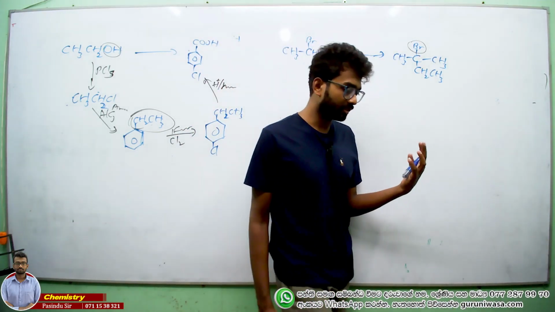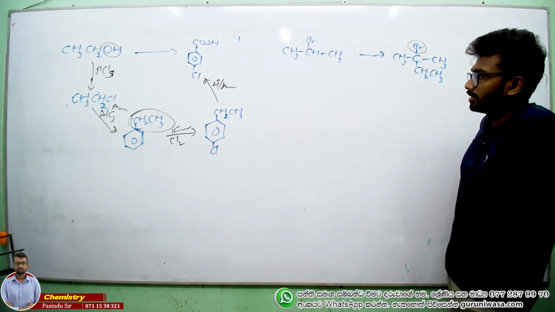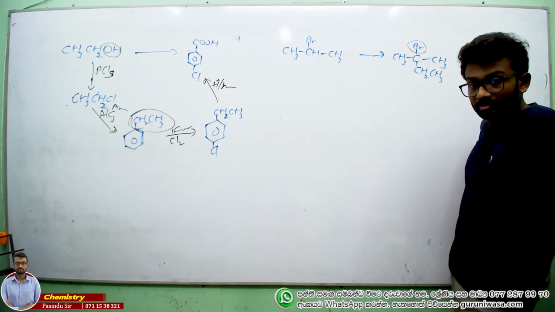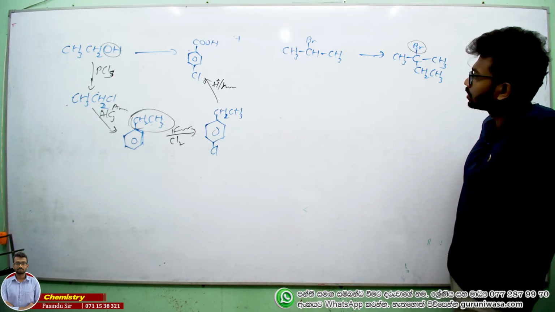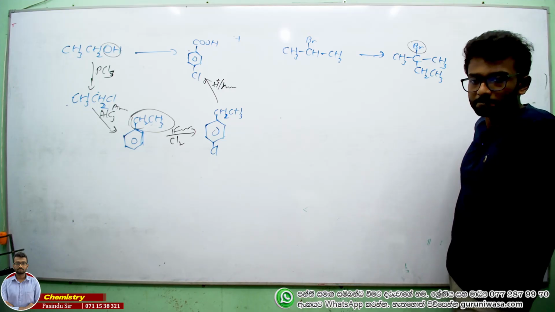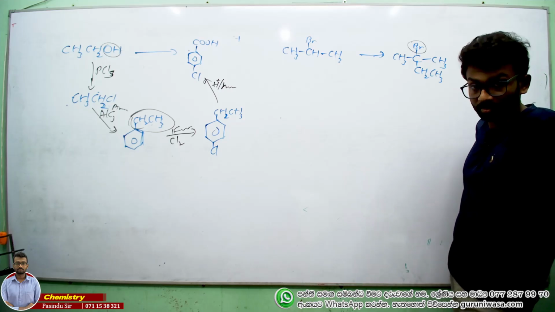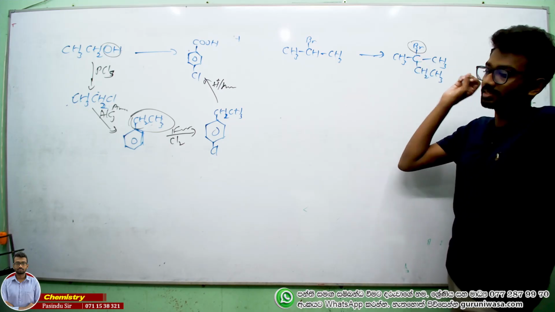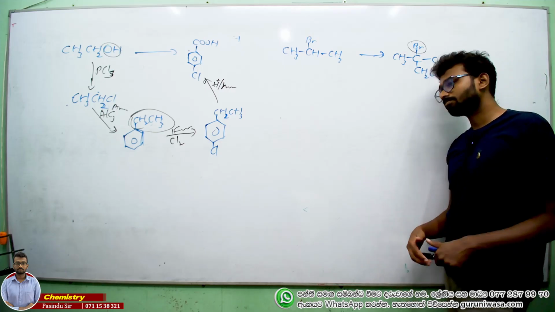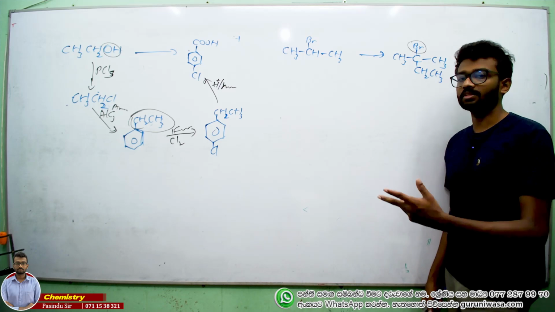Tertiary anything, most of the time there is a huge chance it is made using Grignard. I can't say all the time, but most of the time if you see something tertiary, because that's the easiest way to produce tertiary something.